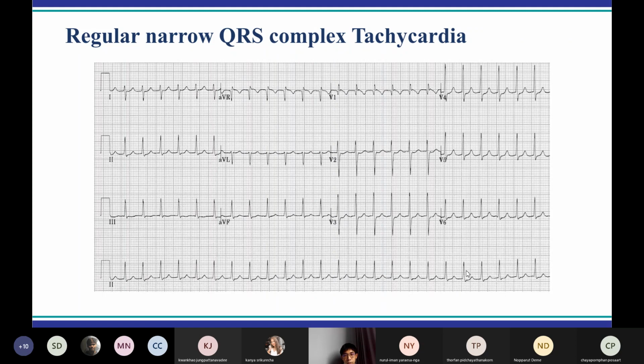And there is a P wave. Okay, you see the P wave. And what is the ratio of P wave to QRS? 1-to-1. Okay, it's 1-to-1. And what about the RP and PR interval? Long or short RP? RP is shorter. Okay, it's a short RP.